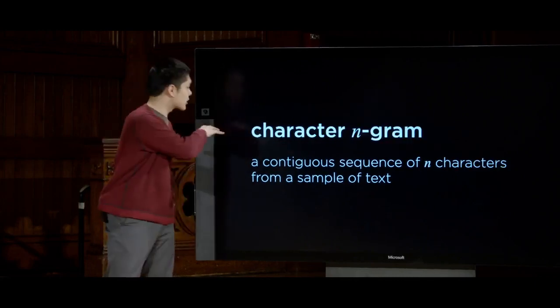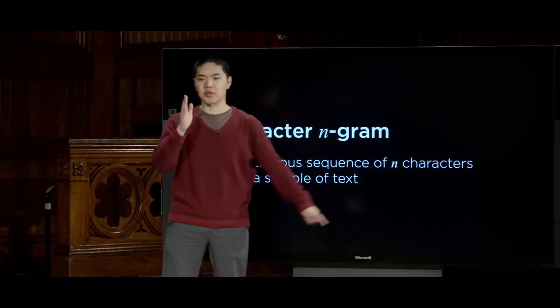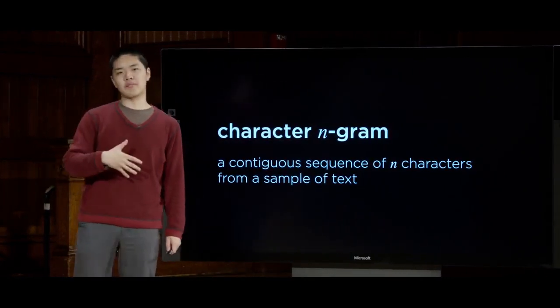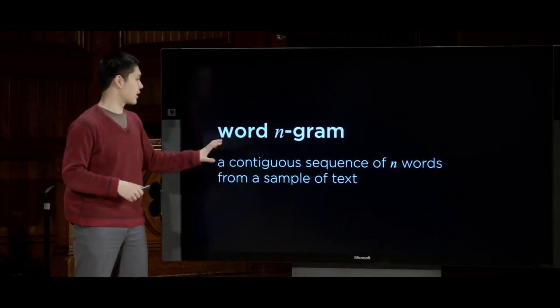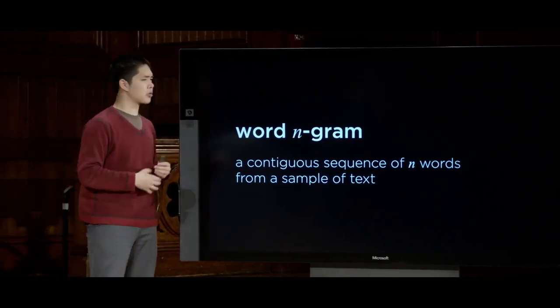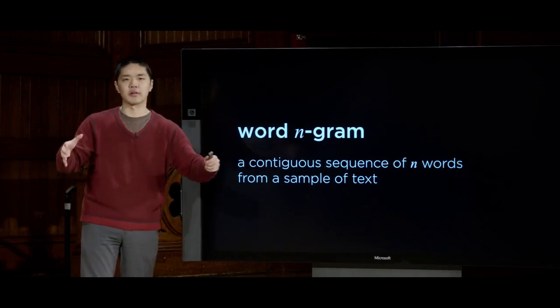We can have character n-grams, which are just a contiguous sequence of n characters, so 3 characters in a row, for example, or 4 characters in a row. We can also have word n-grams, which are a contiguous sequence of n words in a row from a particular sample of text. And these end up proving quite useful. And you can choose our n to decide how long our sequence is going to be.